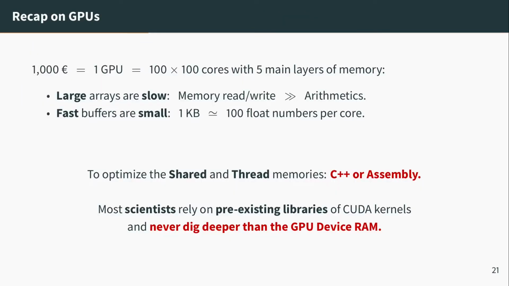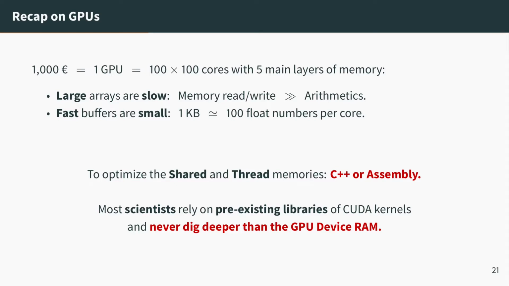So if I had to do a recap on GPUs at a high level, I would tell you that, okay, for 1,000 euros, you buy one GPU, so 10,000 cores, or more precisely, 100 blocks of 100 cores with 5 main layers of memory. And the main trade-off is that all the large arrays, everything that can store gigabytes of data, is slow.